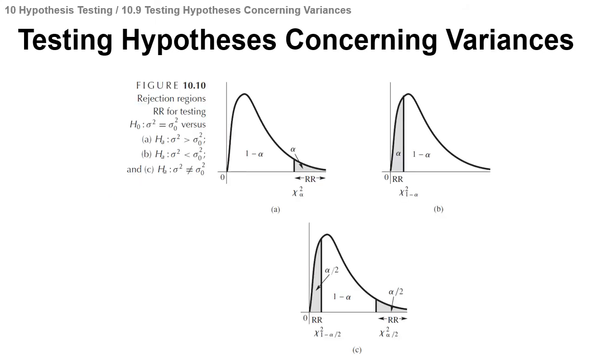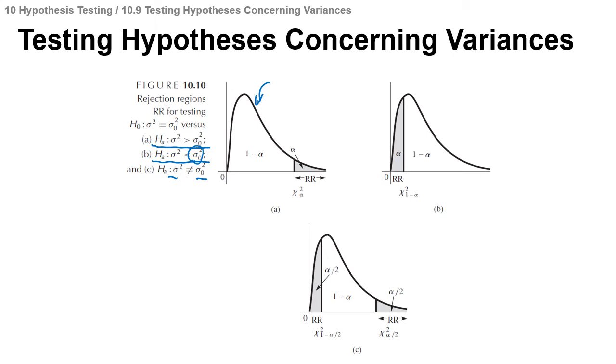About the different alternative hypotheses, you can decide the level alpha this way. So this is your chi-square distribution, and you can have your alternative hypothesis like this. Sometimes your alternative hypothesis is sigma square is less than something, and sometimes sigma square is not equal to something.